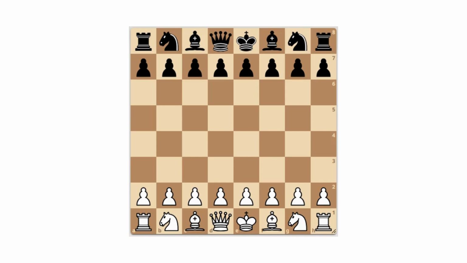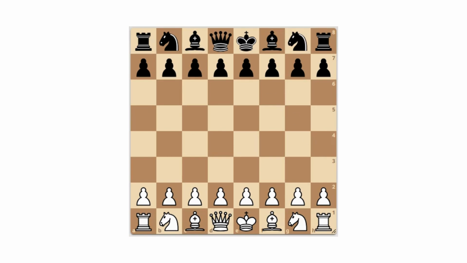But before starting, you should understand the chess board and a few terminologies about the chess game and the pieces which we will play. Okay, so here you are seeing this is a chess board, and this chess board has 64 squares.